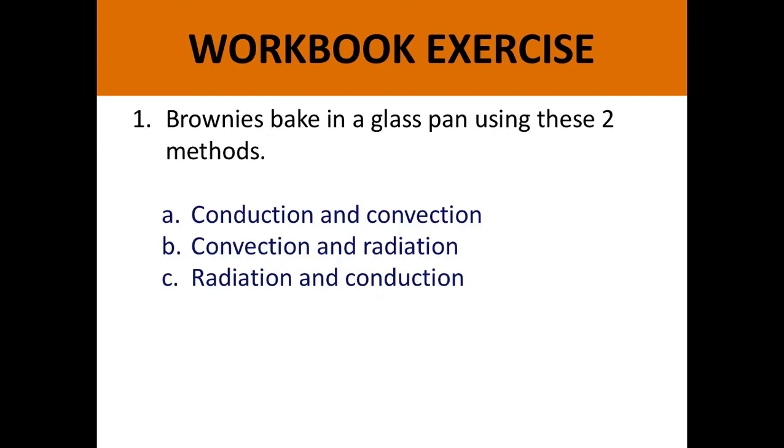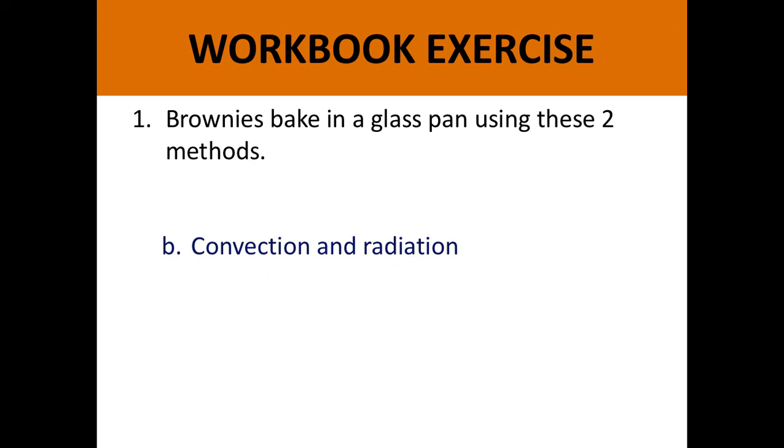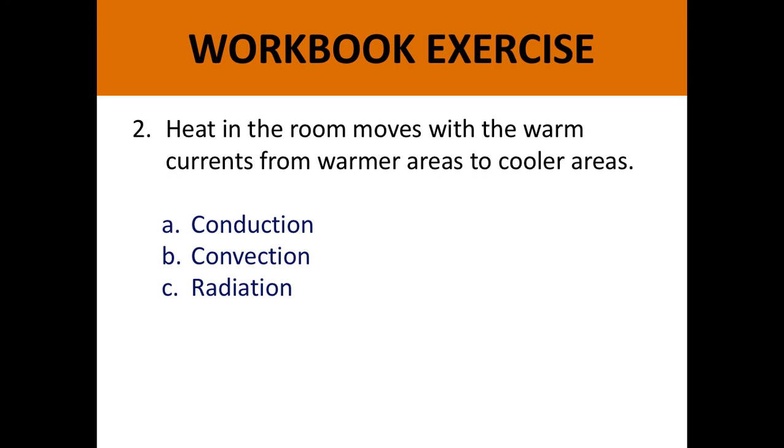Okay, a couple other things. Brownies bake in a glass pan using these two methods. Okay, conduction and convection. Or convection and radiation, depending on the oven you're using. Heat in a room moves with the warm currents from warmer areas to cooler areas.